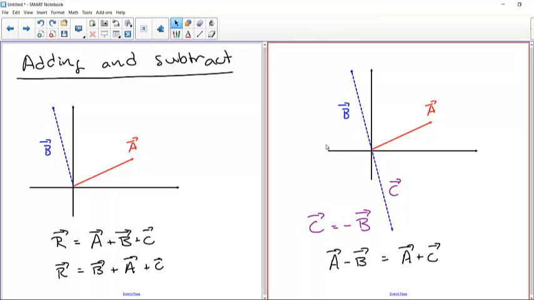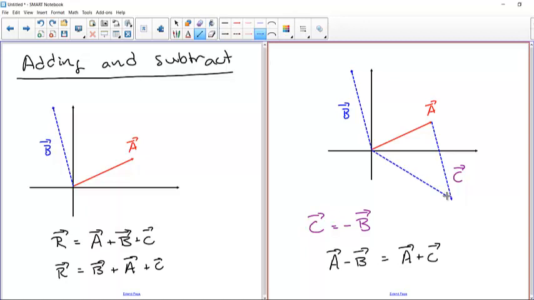So let me grab this vector C, put it over there, move that over there, and draw a line from here to here.